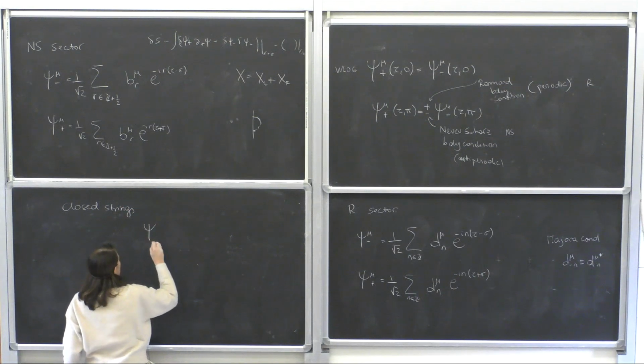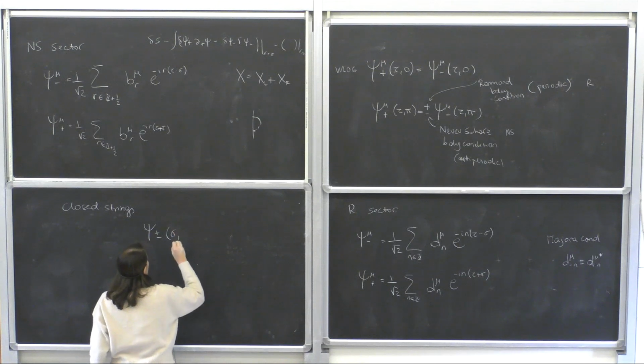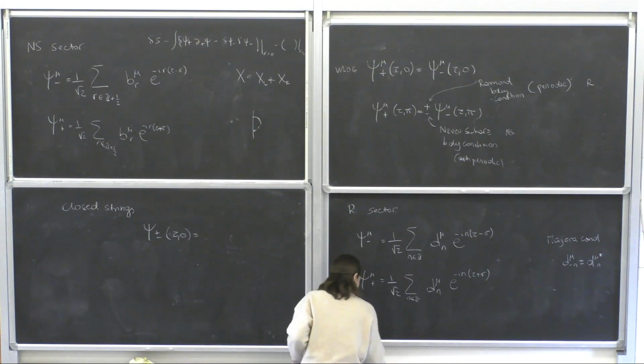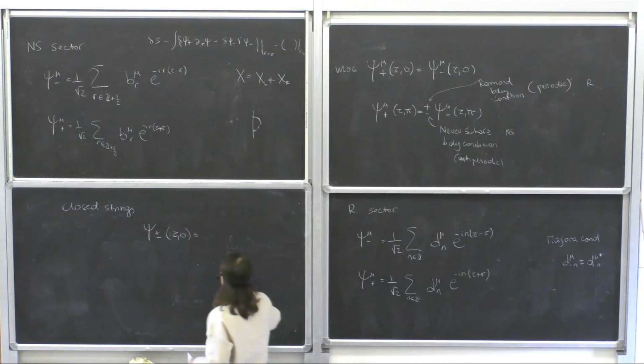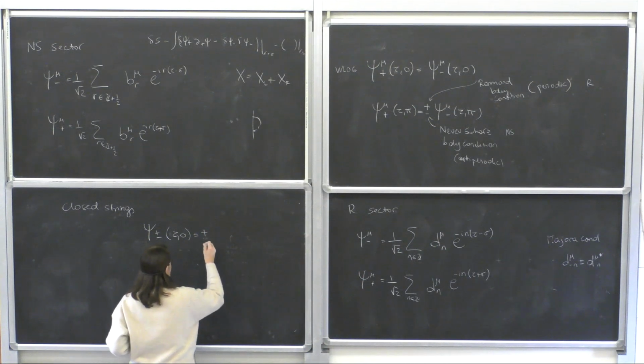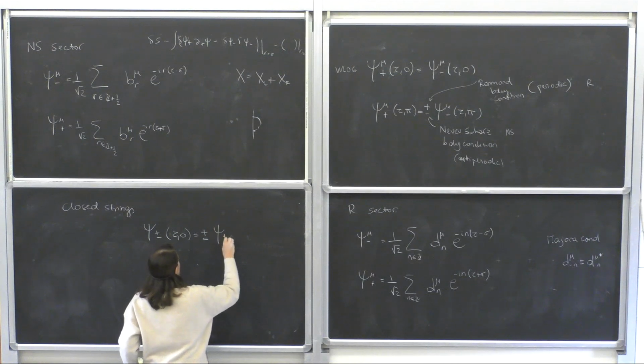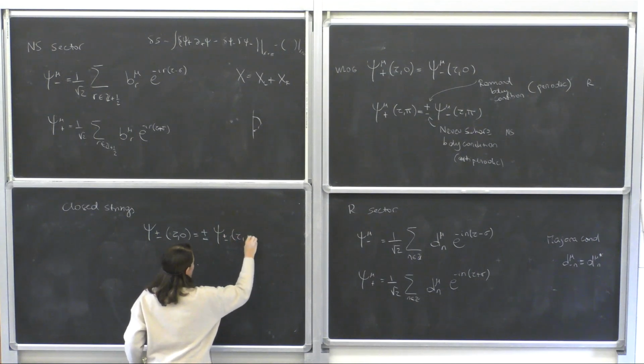are that psi plus or minus at tau equals 0 are equal to, and let me put another color because this color is not related, plus or minus psi plus minus at tau equals pi.